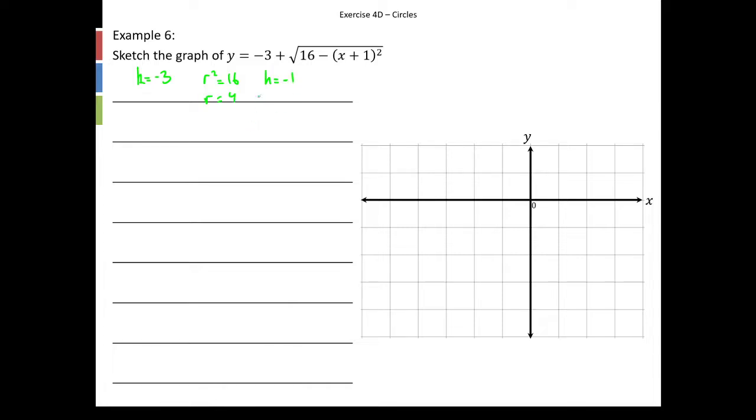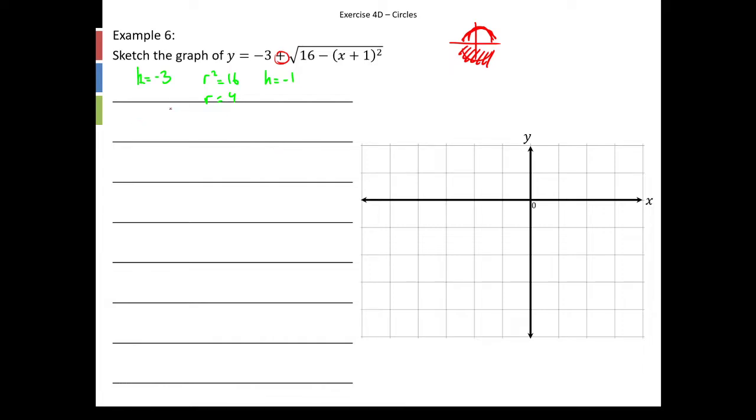Now, what type of graph? Is it going to be a top half or a bottom half? Well, I read it, I have Y, so it's going to be a top or a bottom. I look for the sign in front of the square root, it's a positive. That means it's going to be the top half graph.